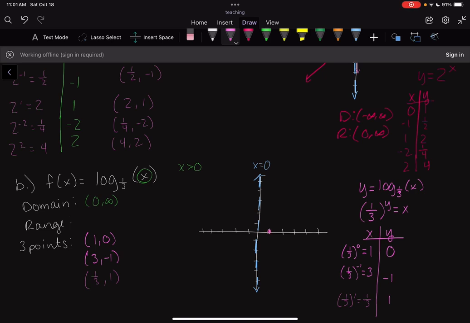Plotting some points now. So I have (1, 0). I have (3, -1). And then I have (1/3, 1). If you need more points, plug in more points, but here's what my shape looks like.